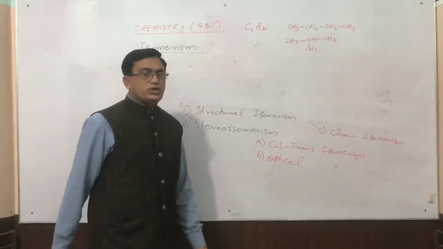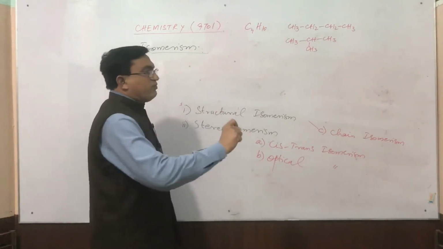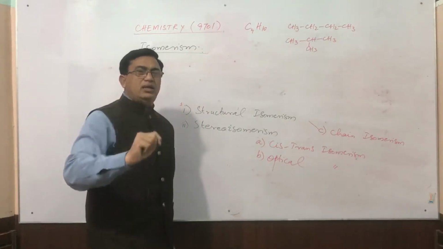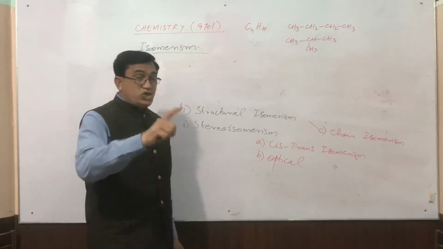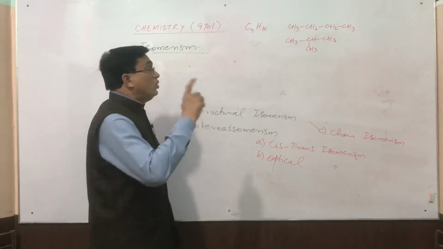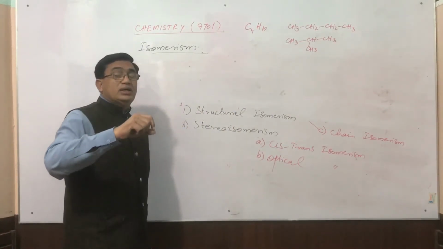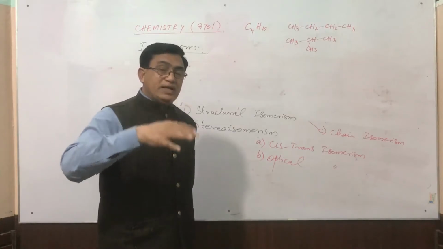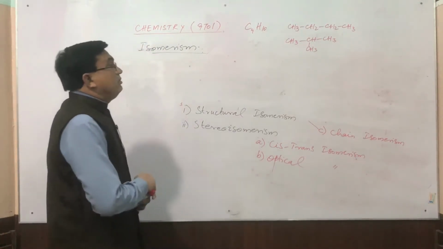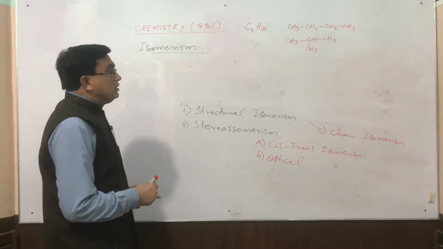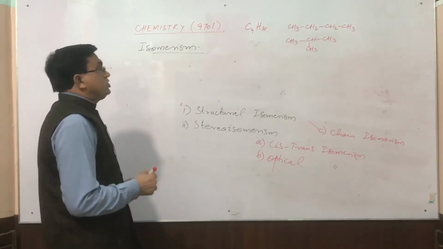There is no functional group present, or if a functional group is present, then its position should not be changed. Only the number of carbon atoms present in the stem should be changed and made into a branch. That will be called chain isomerism.